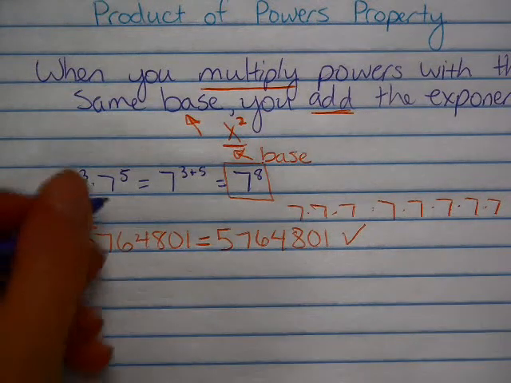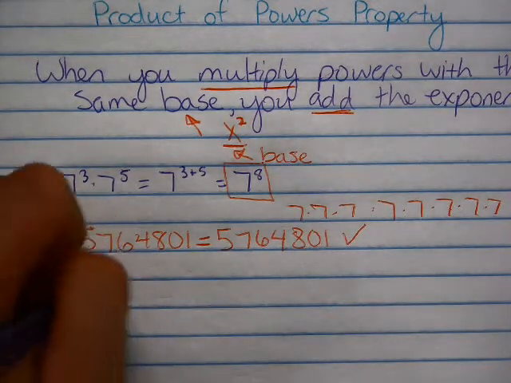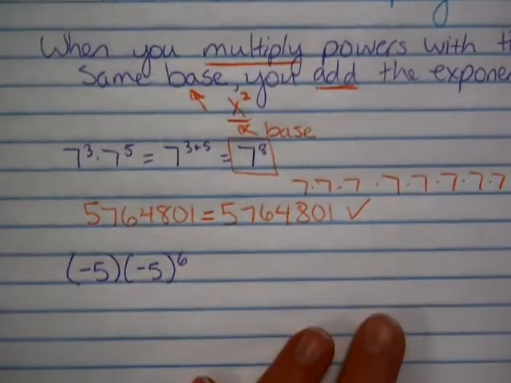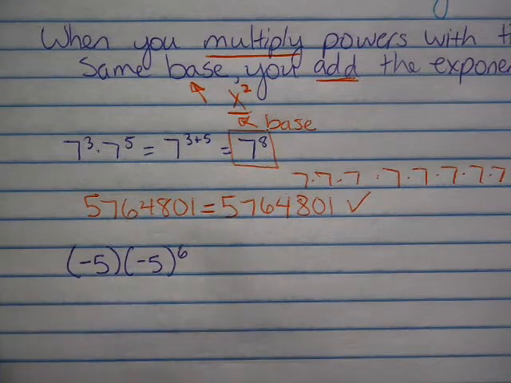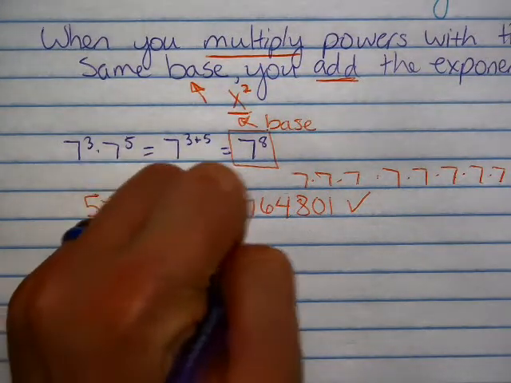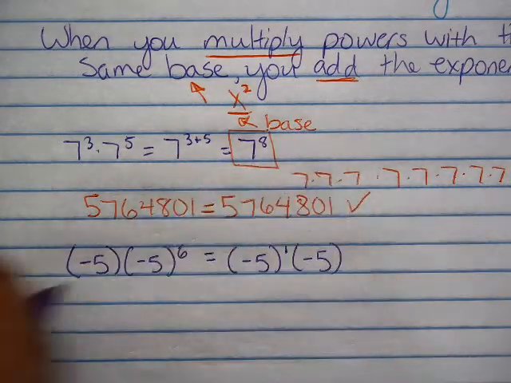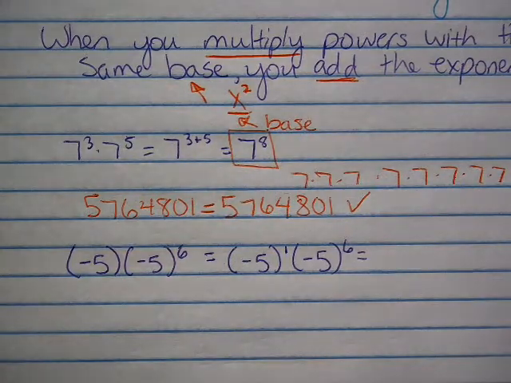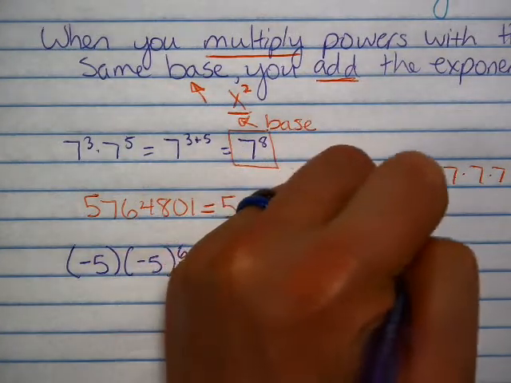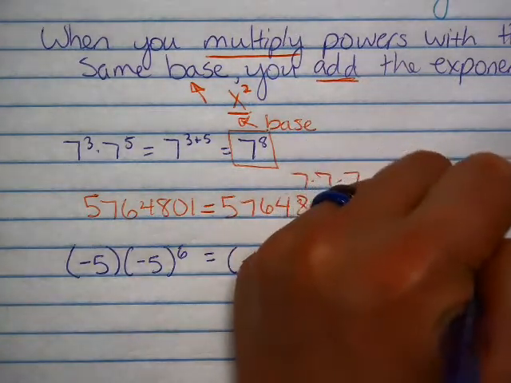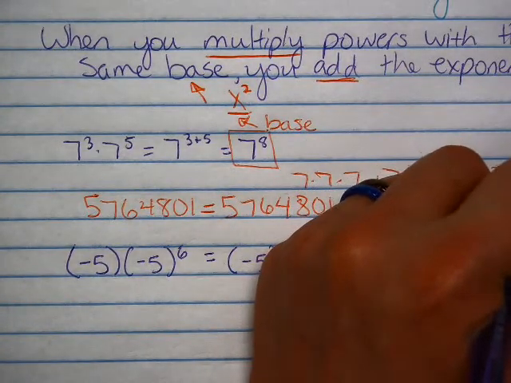Let's try another example. Negative 5 times negative 5 to the sixth. Oh no, I don't have an exponent here. But that's okay. If there's no exponent, I know there's an exponent of 1. So that equals negative 5 to the first times negative 5 to the sixth, and that's negative 5 to the 1 plus 6, which equals negative 5 to the seventh.